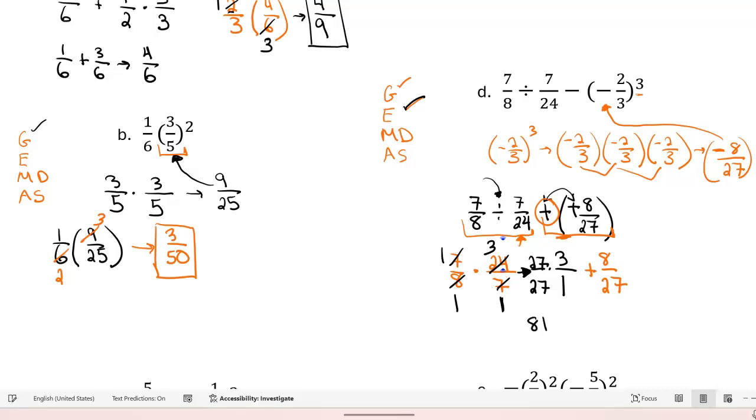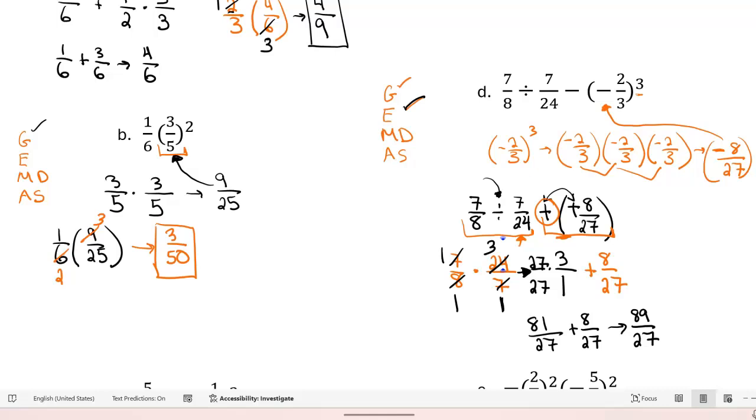So 81 over 27 plus 8 over 27. So I have 89 over 27.